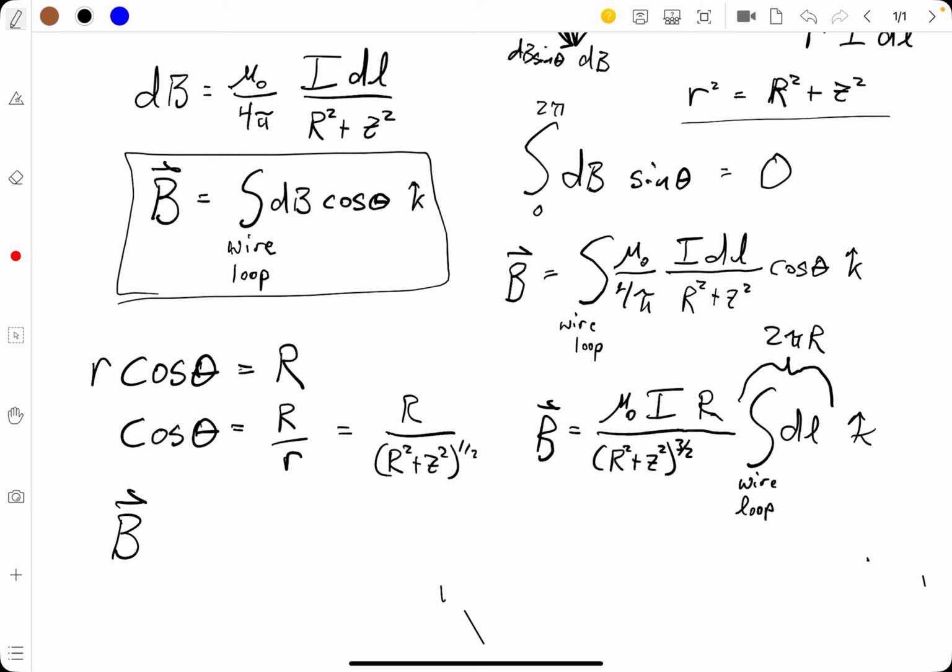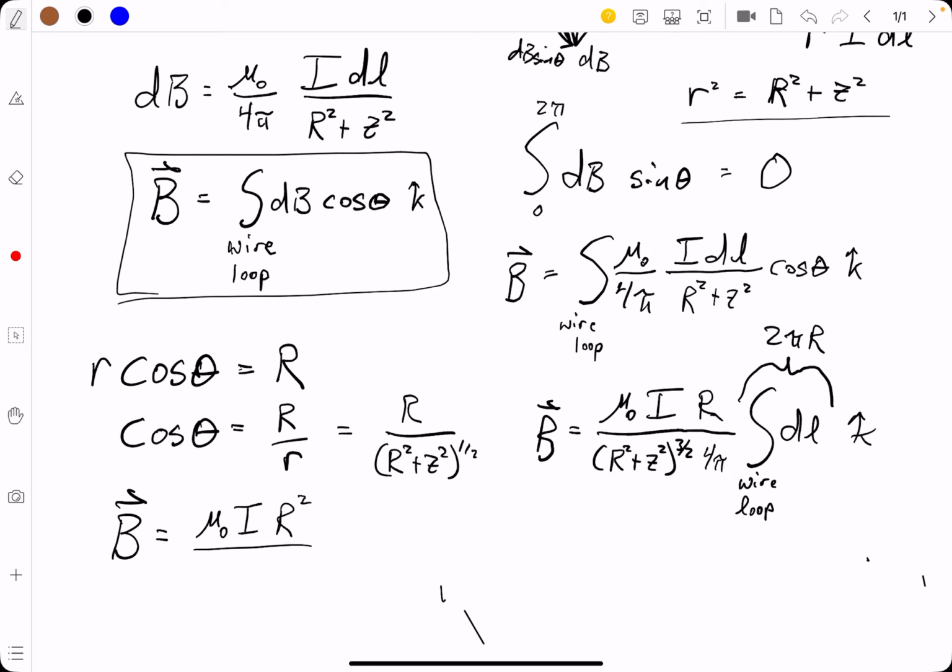And B is equal to mu naught I r squared. Where did my 4 pi go?